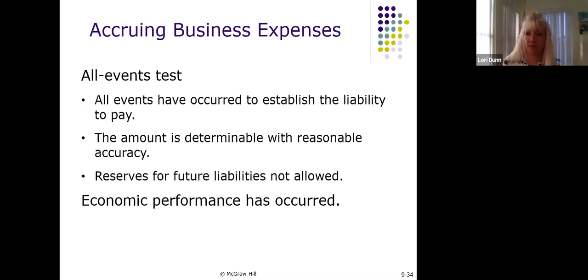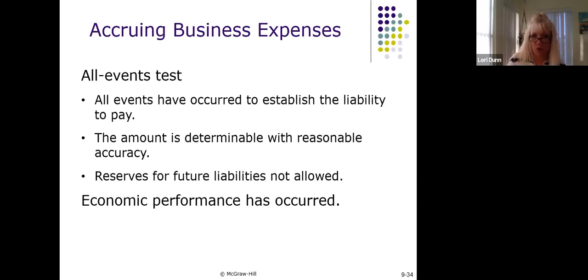So the question comes, when can we record an expense under the accrual method for taxes? And there's 2 tests that must be met. The first is the all events test. And the all events test basically says all events, everything has occurred to establish that you owe that money, and you can reasonably determine it.